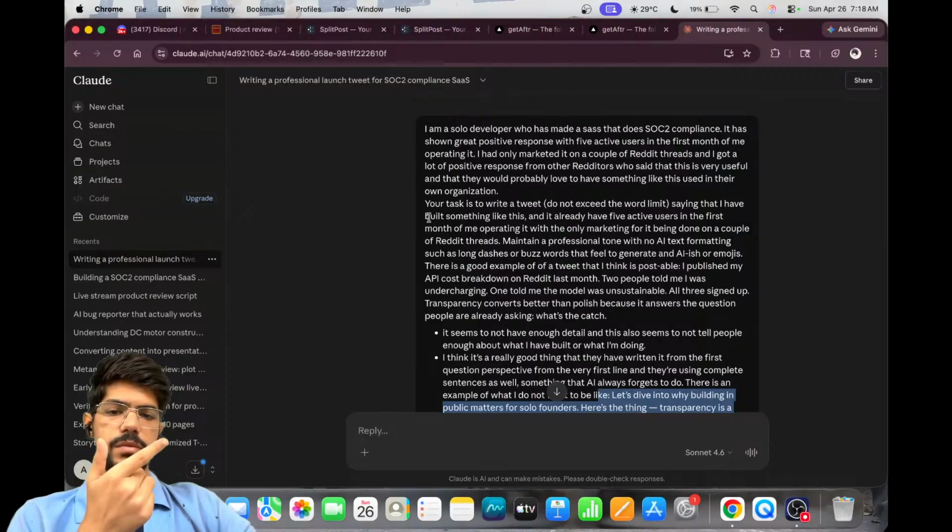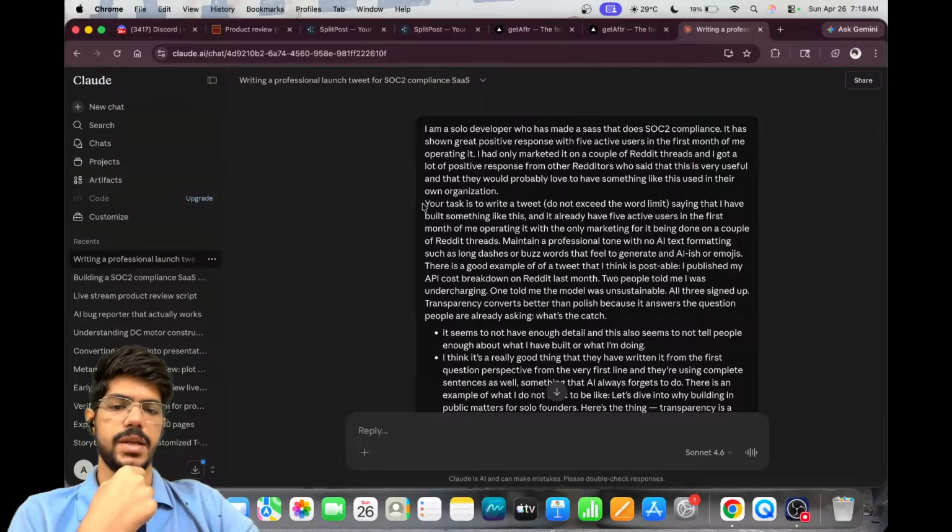I've used this way of writing, like your task is to do XYZ. It's better than just telling it to write a tweet. I read it inside a research paper on prompt engineering, but I'm sure it has evolved a lot more. I read it like 1.5 years ago, and these things just keep evolving at an exponential pace.